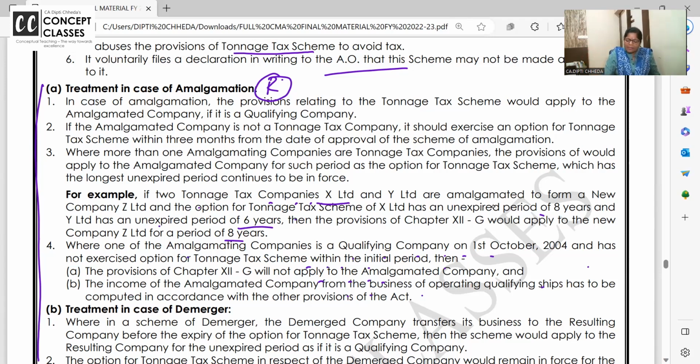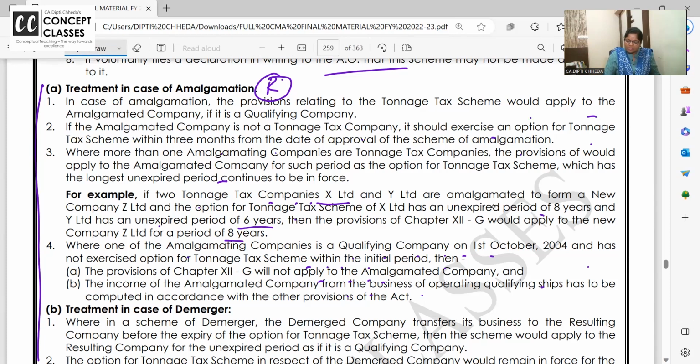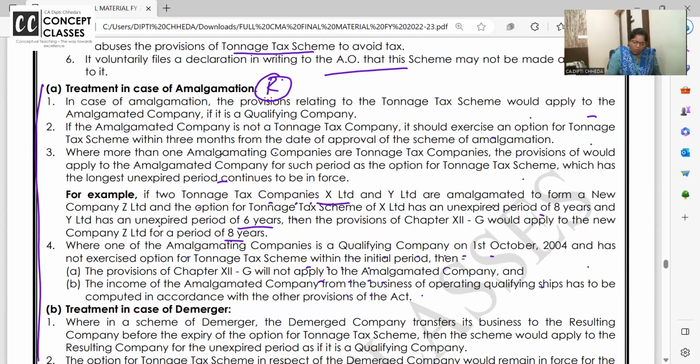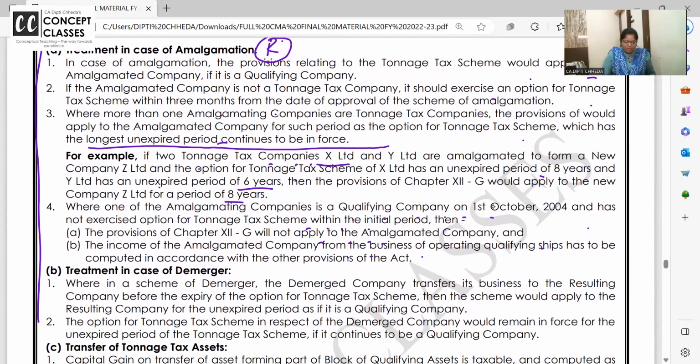In case of amalgamation, the tonnage tax scheme would apply to the amalgamated company. It should exercise an option within 3 months from the date of the approval. Where there are more companies, the provisions would apply to the amalgamated company for such period which has the longest unexpired period. Highest balance years के लिए जो बाकी है, they will go for, but they have to apply.